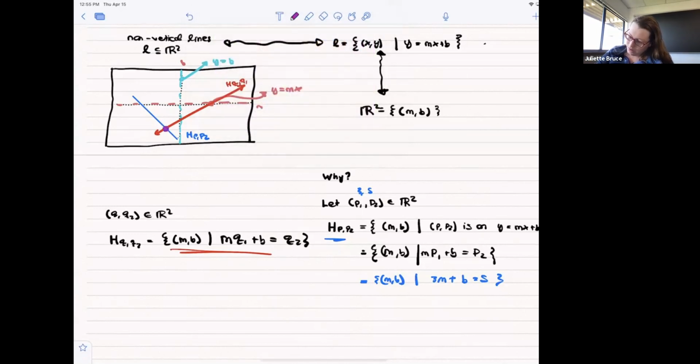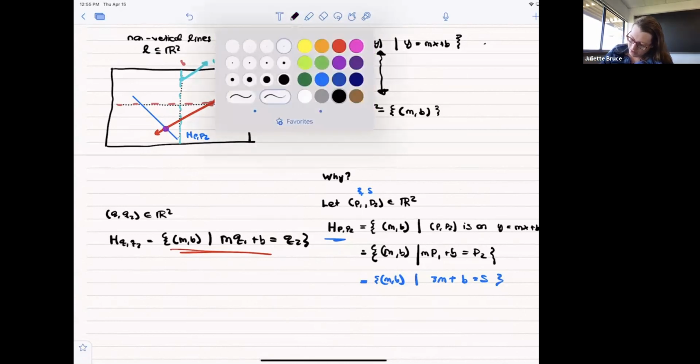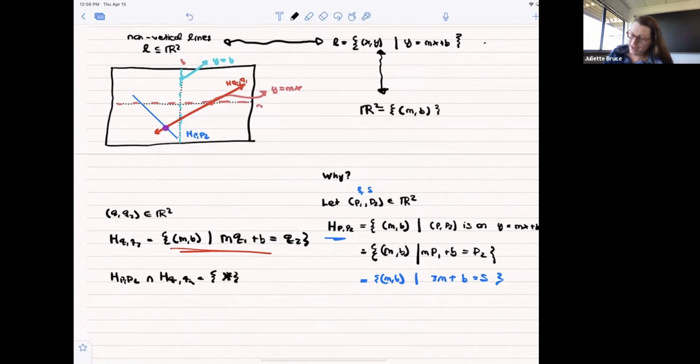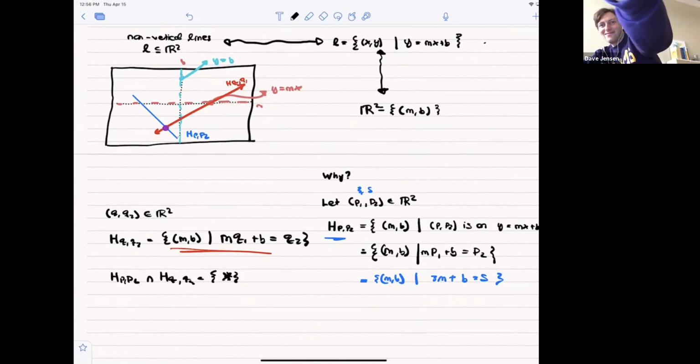Well, this says H P1,P2, the set of lines containing the point P1, P2, intersect the set of lines containing the point Q1, Q2 is a single point. And a single point on the moduli space says it's a single line that contains both P1, P2 and Q1, Q2.